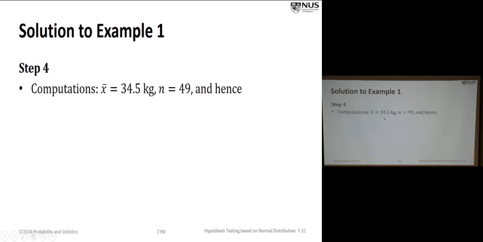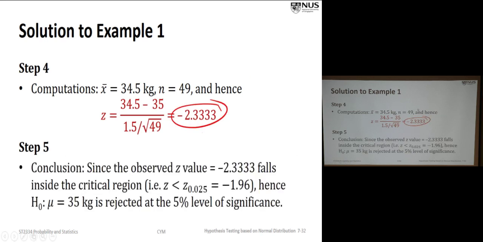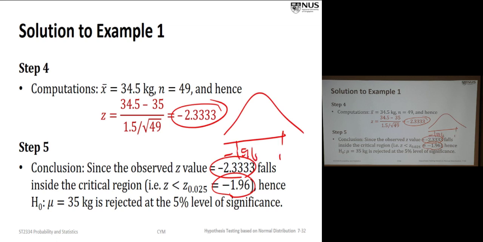So we compute it, and the value is minus 2.33, which falls in the critical region because this number is less than minus 1.96. This is minus 2.33, it's here. So it falls in the critical region. The critical region has two parts.